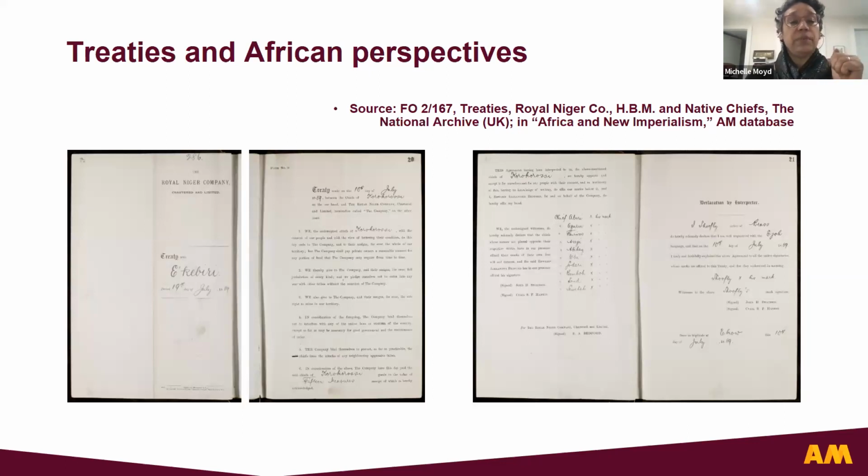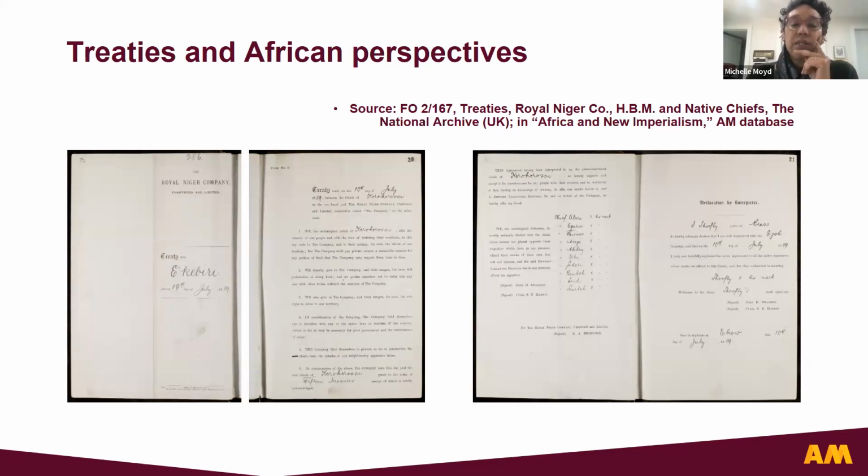It says Royal Niger Company, and then it gives the name of the polity that they're signing with. It gives the date. So in this case, it's 19th of July, 1889. And then it goes through on a pre-printed form and outlines what the expectations are between the treaty signers.